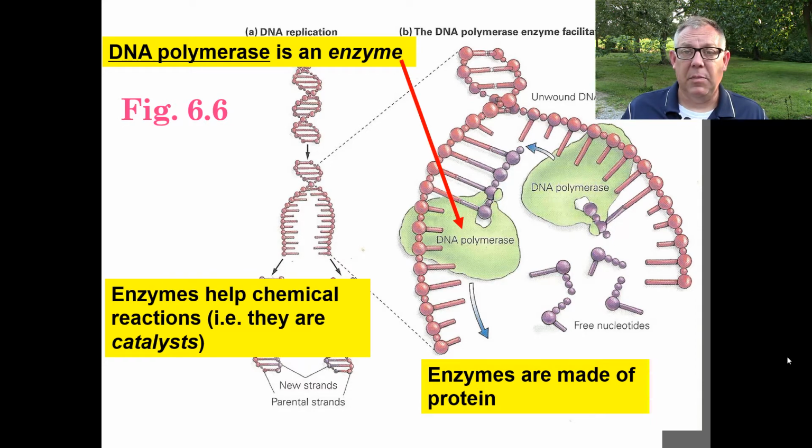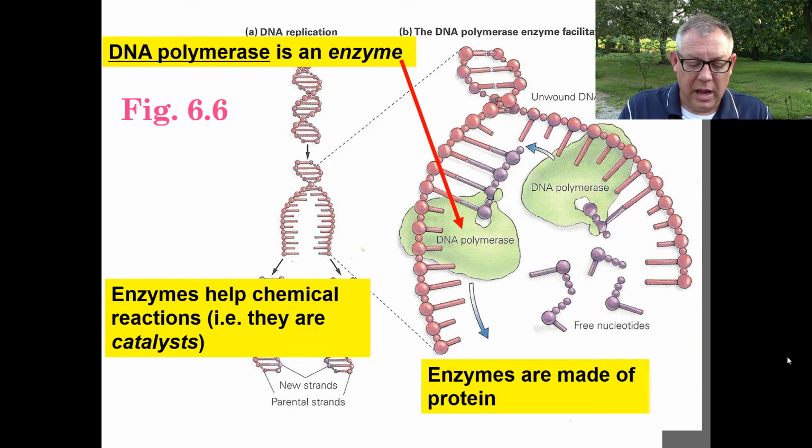So you remember what an enzyme is, right? An enzyme is a protein, and proteins help chemical reactions. They're also called catalysts. They just help reactions go faster. And so all those chemical reactions that must go on to make a living thing be alive need to be helped along, and enzymes do that.